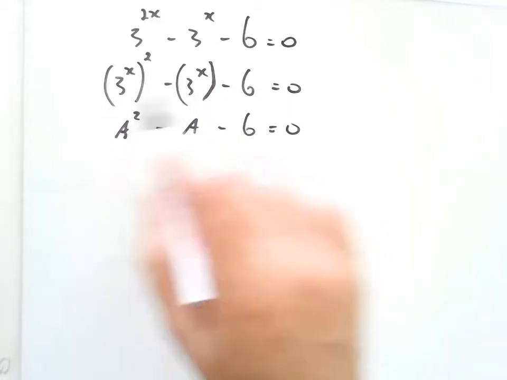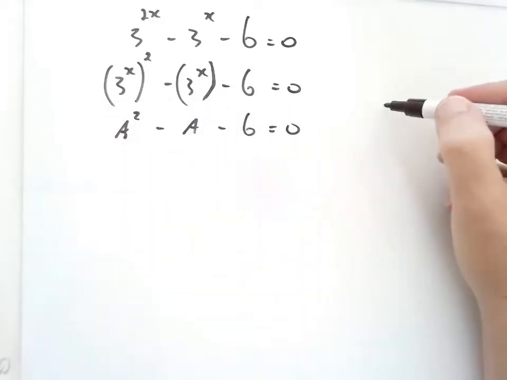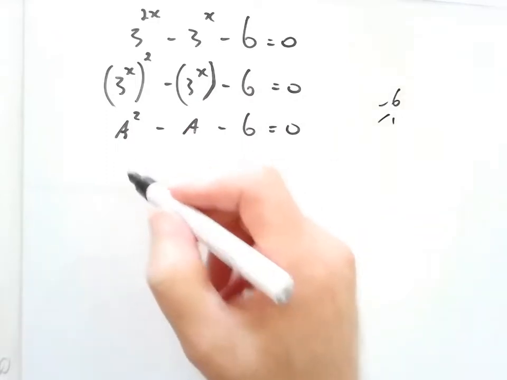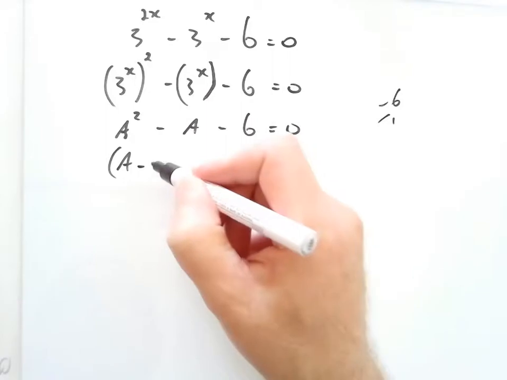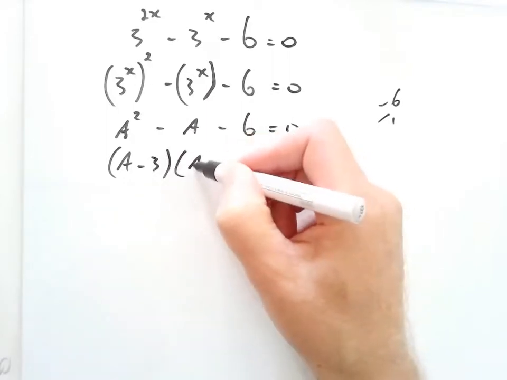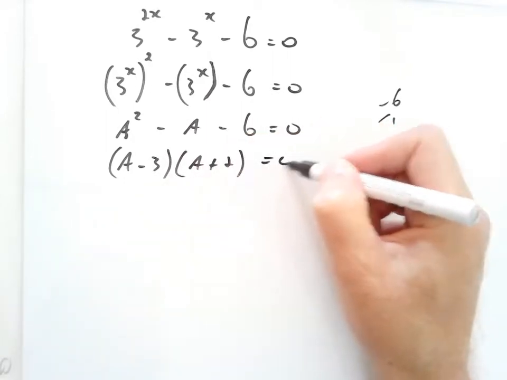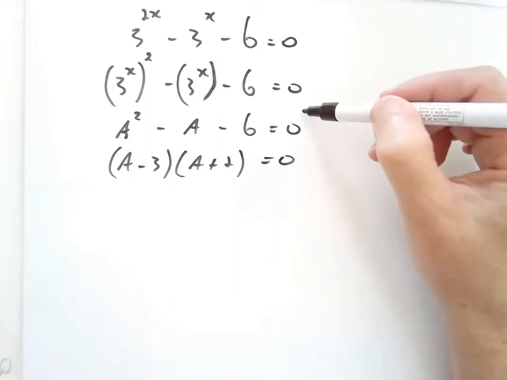So if that bracket was an A, then I'm just going to do my whole brackets there. I'm going to go A minus 3, and A plus 2 equals 0.